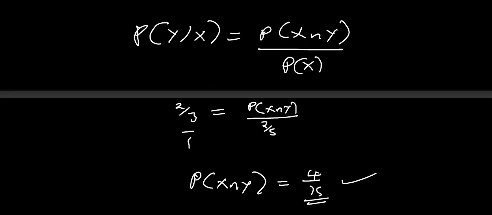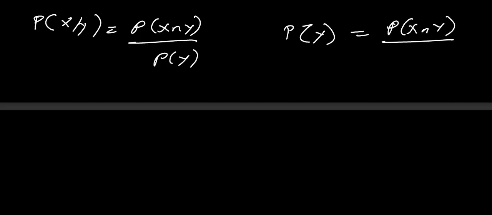Then the next question is saying we need to get the probability of Y. So now we're going to use the other condition. The probability of X given Y is equal to the intersection we've just found over the probability of Y. So the probability of Y is equal to the probability of the intersection over the probability of X given Y. The intersection we found is 4 over 15, divided by the probability of X given Y, which is a half.